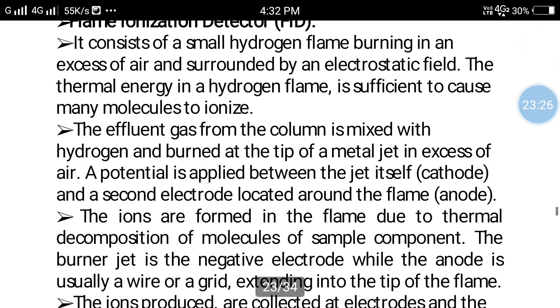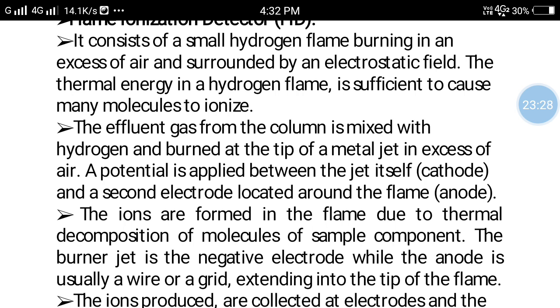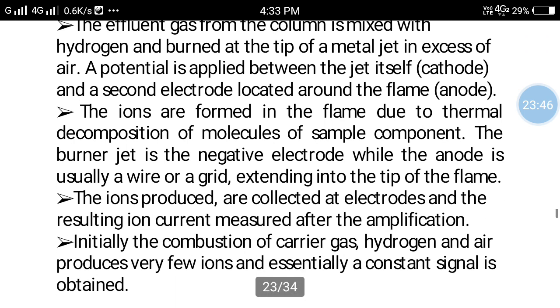The effluent gas from the column is mixed with hydrogen and burned at the tip of the metal jet in excess of air. A potential is applied between the jet itself, that is the cathode, and a second electrode located around the flame, that is the anode.